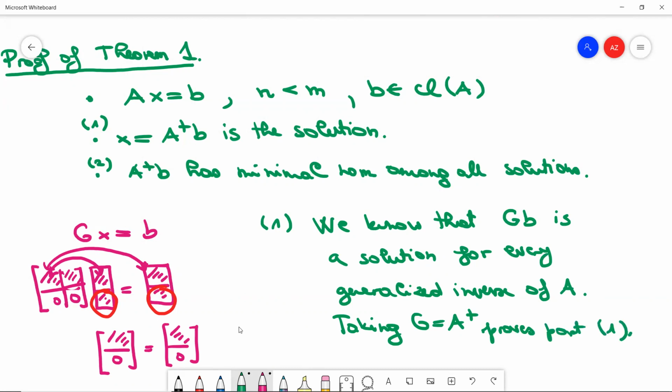So if we calculate any generalized inverse G of A, then GB is a solution, and taking the specific generalized inverse, the MP inverse, proves 1.